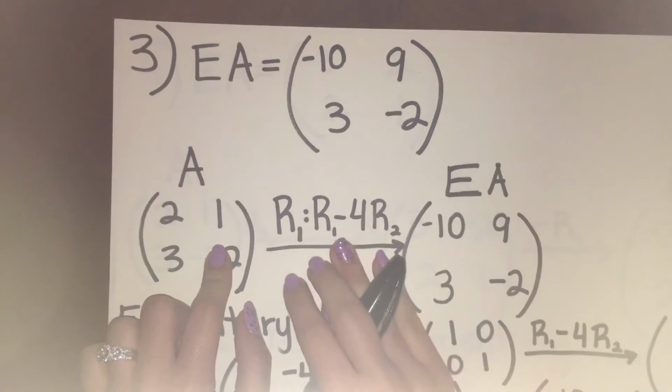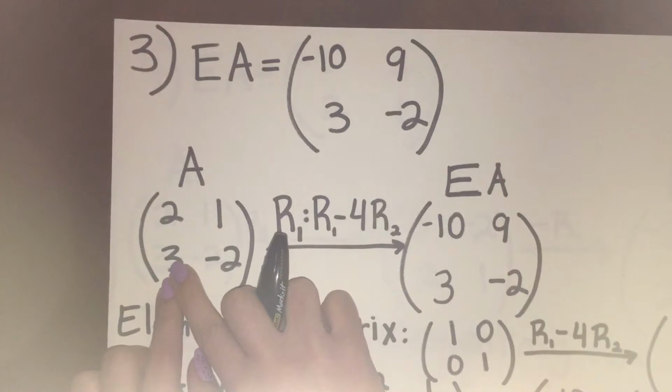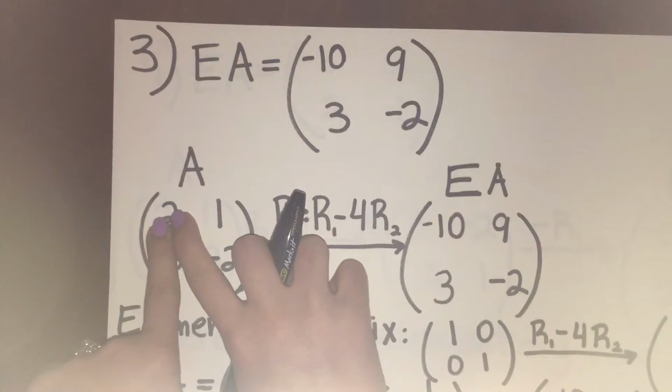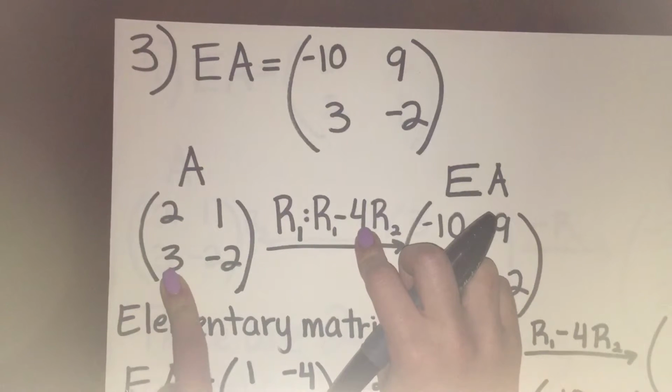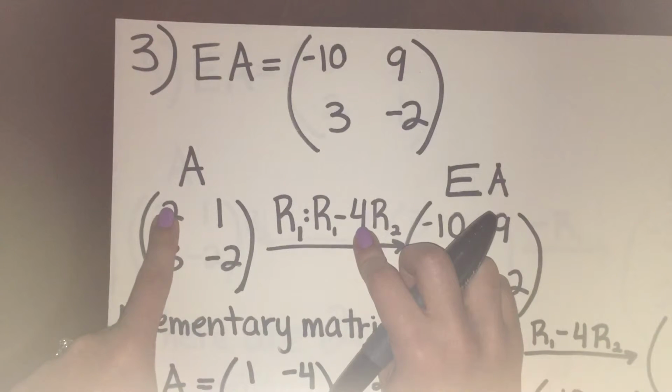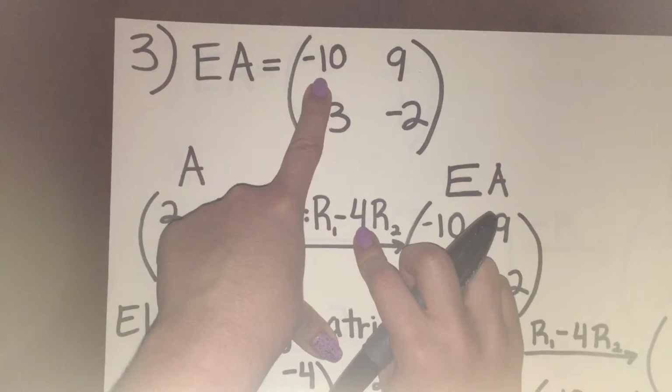By analyzing this matrix, we can see that if 3, we multiply it by 4, 3 times 4 is 12. So 2 minus 12 would be negative 10.